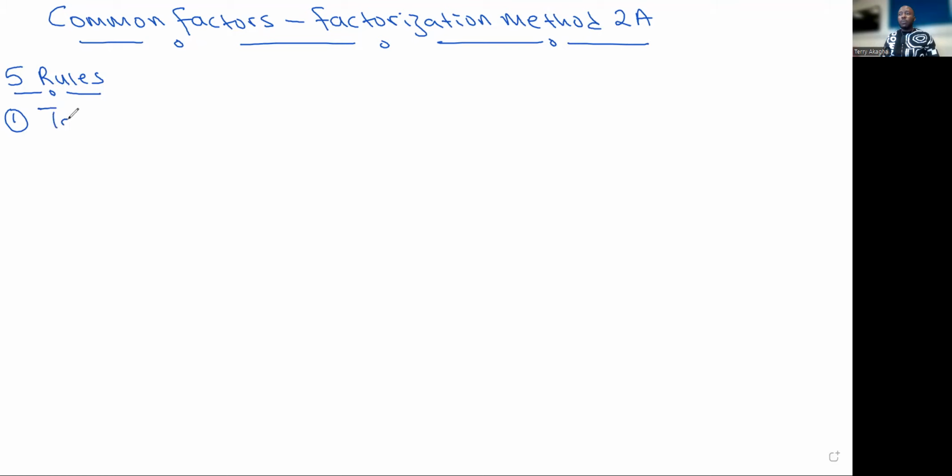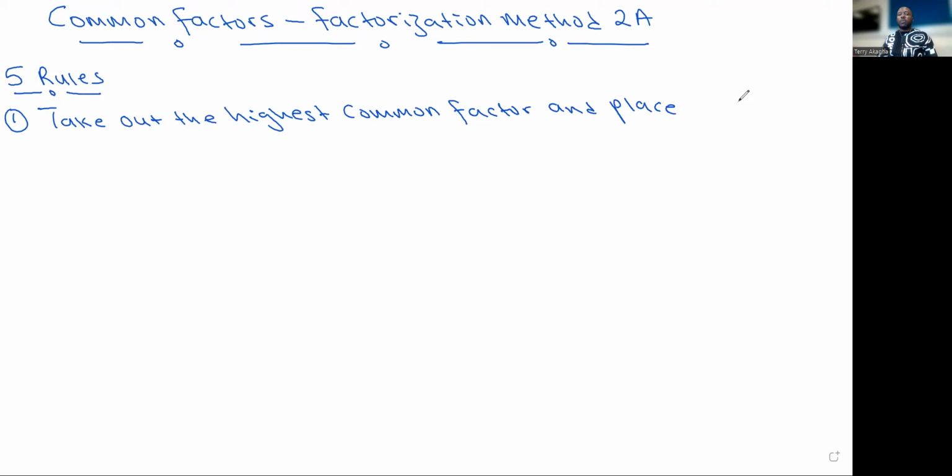So you take out the highest common factor and place it in front of the bracket. So you get the highest common factor and you place it in front of the what?